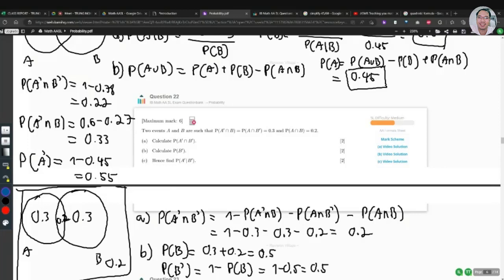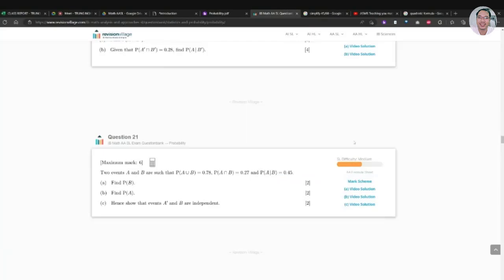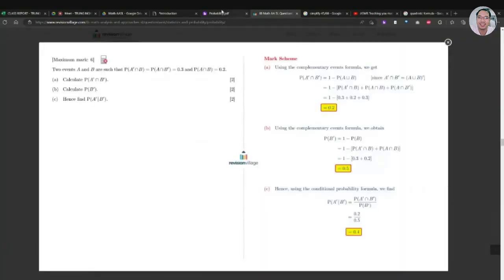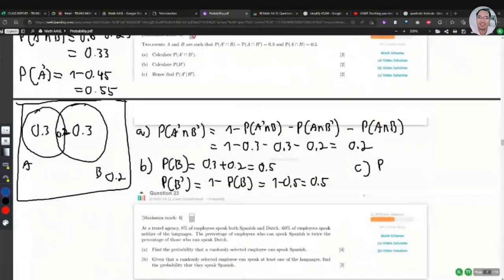Okay, now to find C. Hence we found 0.2 for question A and 0.5 for question B, correct? Okay. The probability of A given B. Oh, no, A dash given B dash.